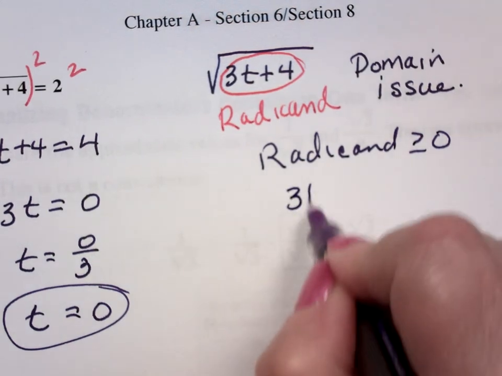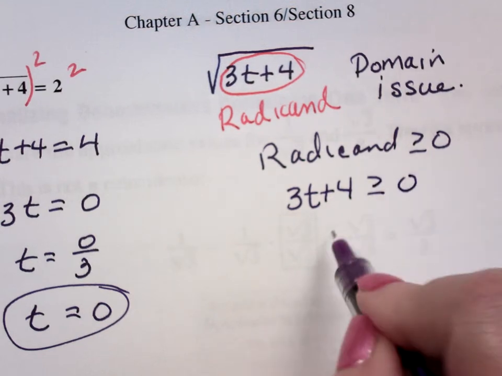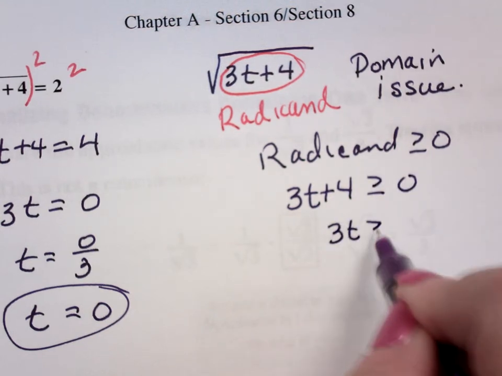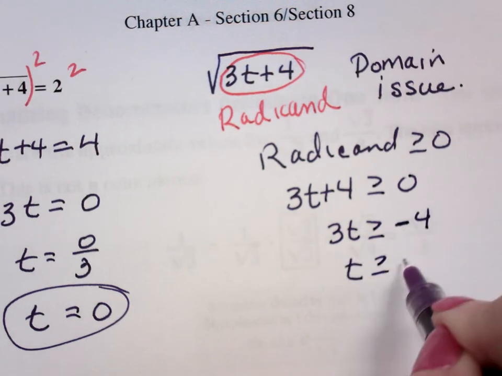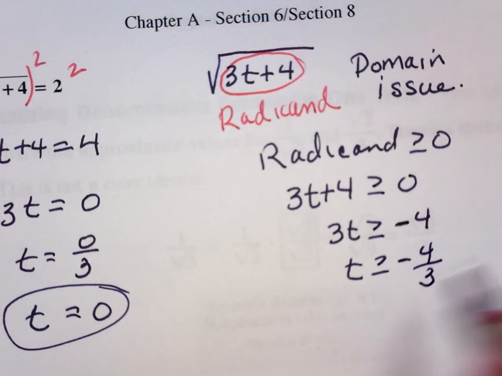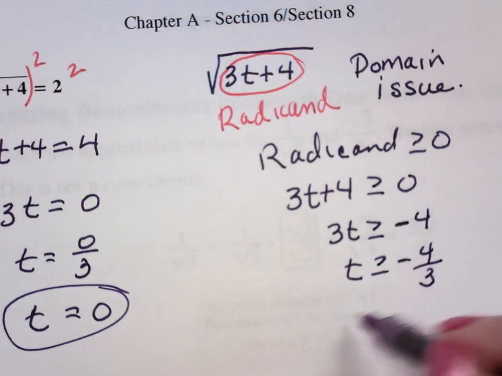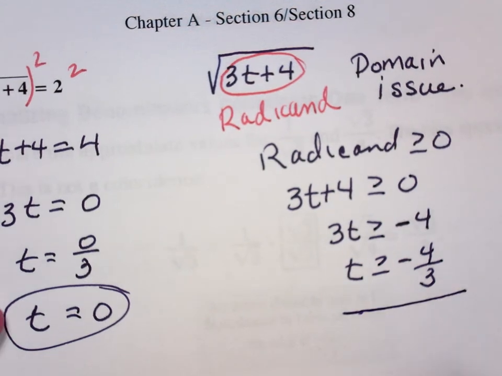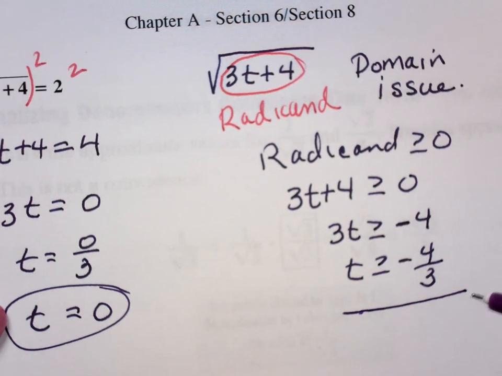Which says that 3t plus 4 must be greater than or equal to 0. 3t must be greater than or equal to negative 4, or t is greater than or equal to negative 4/3. T can be negative. What can't be is 3t plus 4. So that would be the domain. I got 0. Is 0 bigger than negative 4/3? Yeah. And that would be a reason why you need to check your answer.